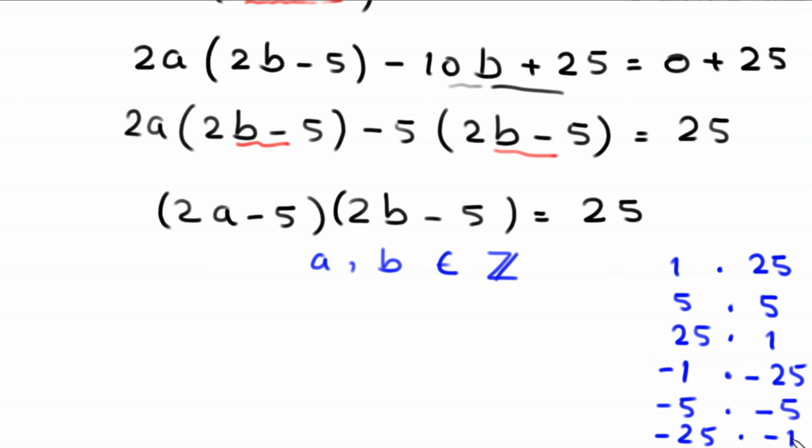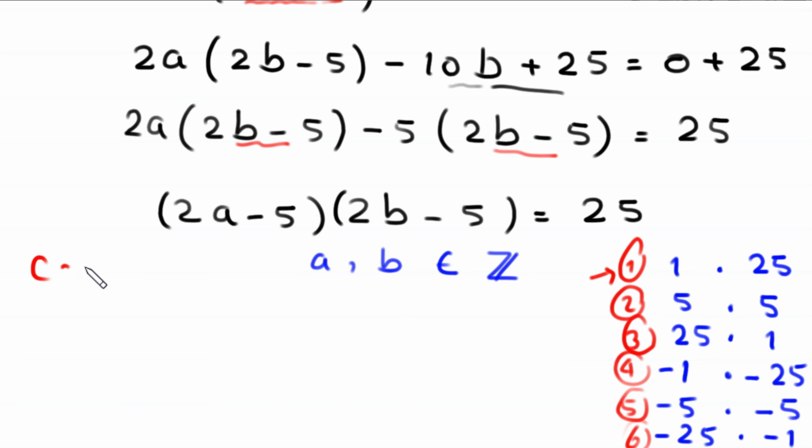It means that we have 6 cases. This is case 1, this is case 2, this is case 3, this is case 4, this is case 5, and this is case 6. First we solve case 1, 1 times 25.